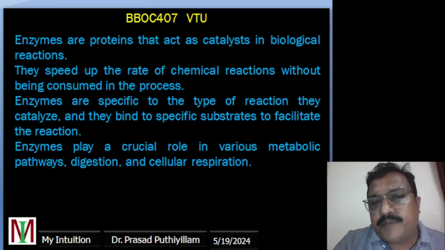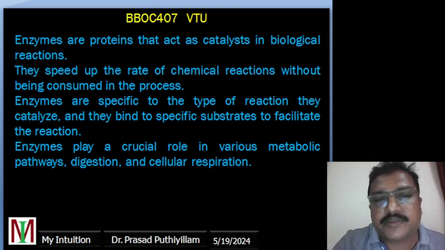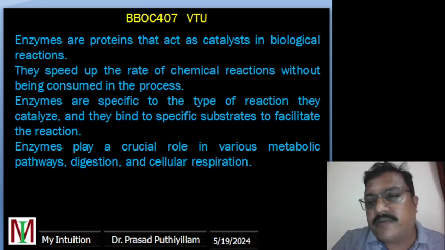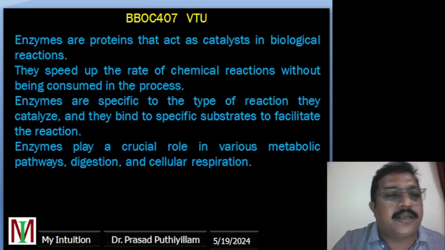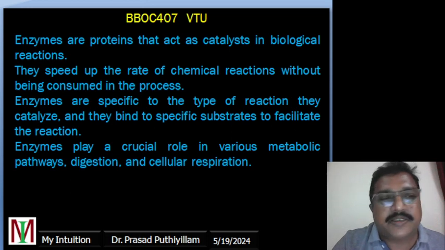They speed up the rate of a chemical reaction without being consumed in the process. These enzymes are very specific to the reaction they catalyze, and they bind to a specific substrate to facilitate the reaction. Enzymes play a crucial role in various metabolic pathways, like digestion or cellular respiration.